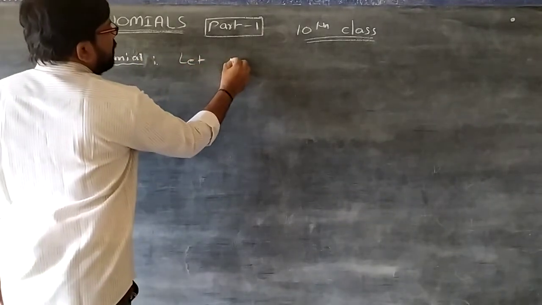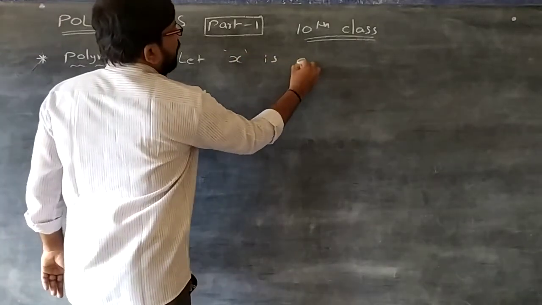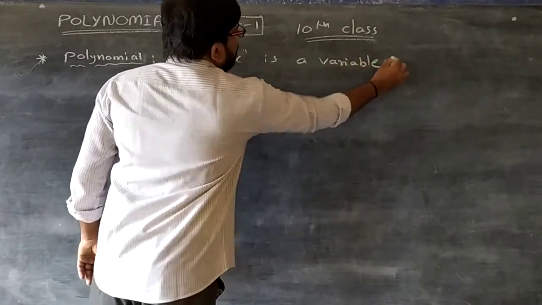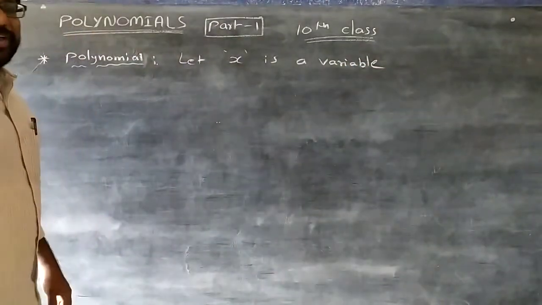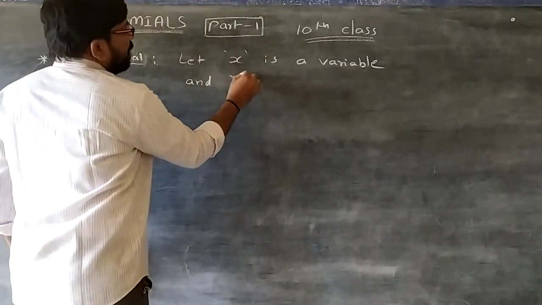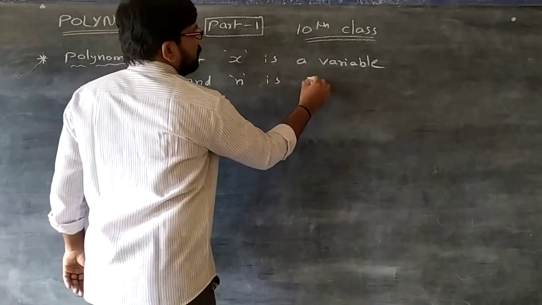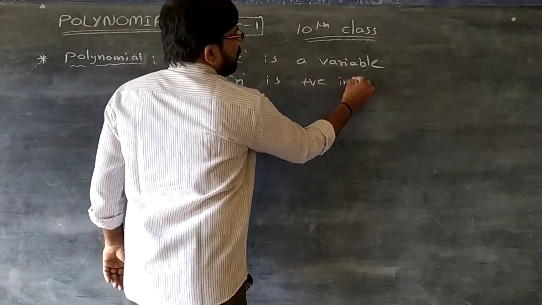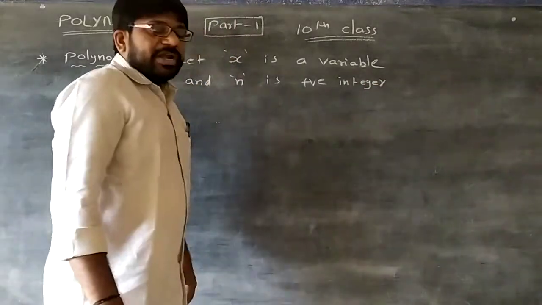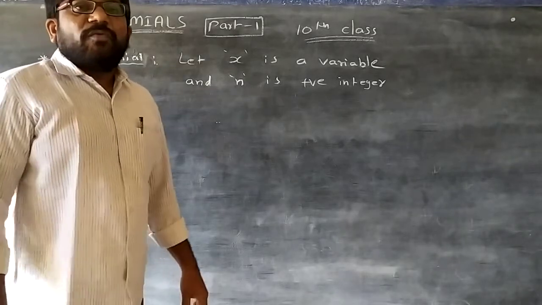Let x be a variable and n be a positive integer, like natural numbers 1, 2, 3, 4, 5.